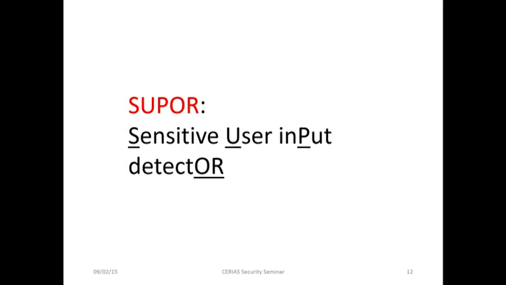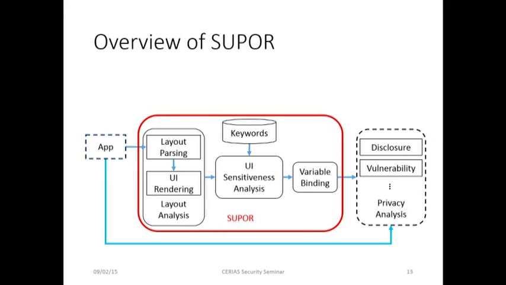Then, based on the intuition, we propose SUPOR, which is a precise and scalable approach to detecting sensitive user inputs in mobile apps. This is the whole view of SUPOR. SUPOR takes as input a mobile app and outputs the bindings of the sensitive user inputs and the variables in the code to enable some further analysis.